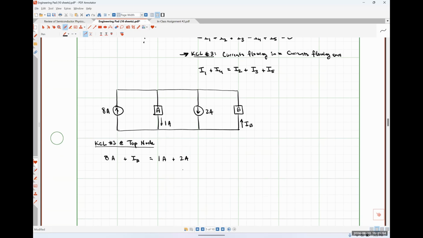So I believe this is what our KCL equation should look like, applied at the top node using the currents flowing in equals currents flowing out version of KCL. Okay. We can rearrange this very easily and see that IB is 1 amp plus 2 amps minus 8 amps, which is negative 5 amps.